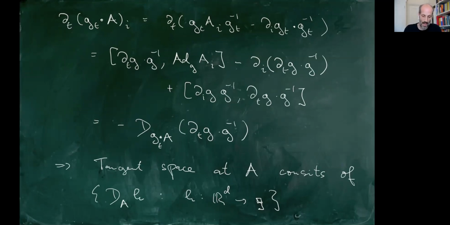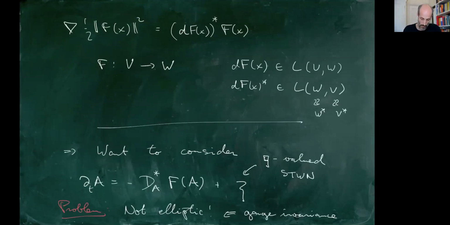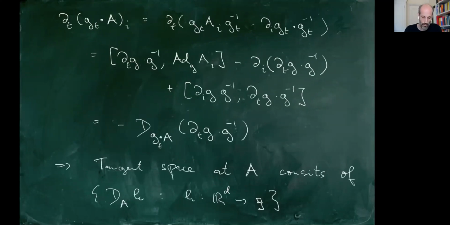So now this suggests I can add to the right-hand side of this equation anything of the form dA applied to some functional of A. That's nice because we already have a term d star d, and now we're allowed to add something of the form d applied to something, plus low order.